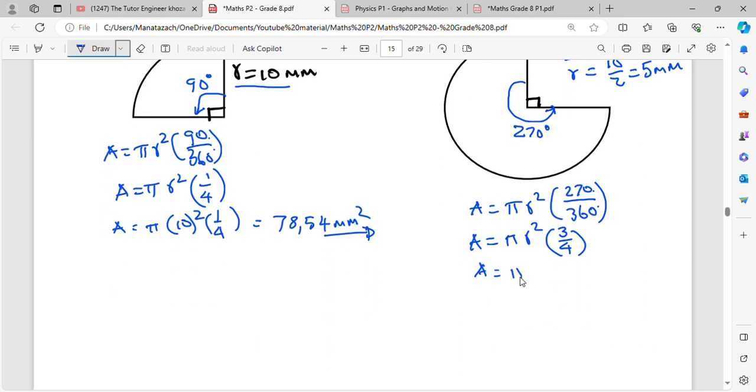So here pi times the radius of 5 millimeters multiplied by 3/4 will give us pi times 5 squared times 3 divided by 4, which is going to be 58.90 squared millimeters.